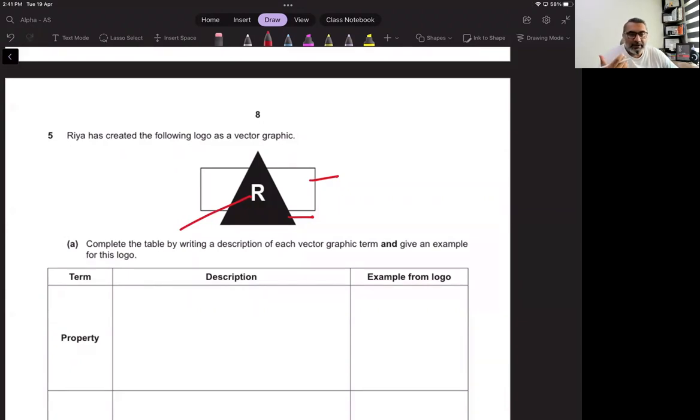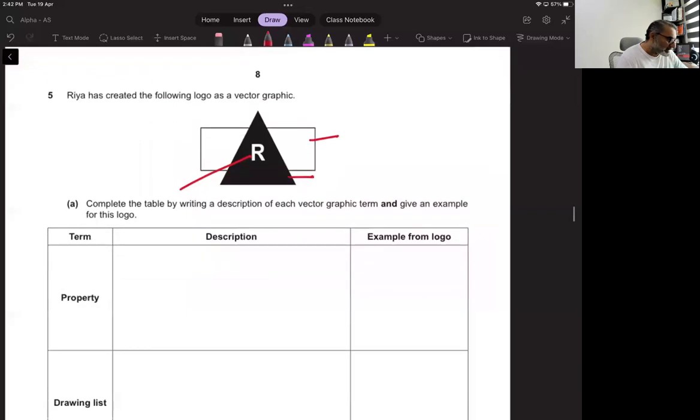And in that drawing list, when we define how big, how wide, how tall, color, border thickness, when we define all this, we define it with numbers, and these numbers inside the drawing list are called properties.